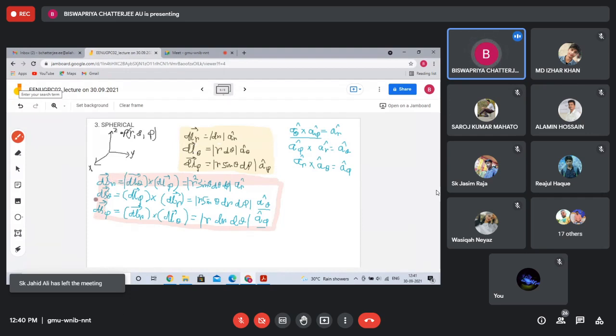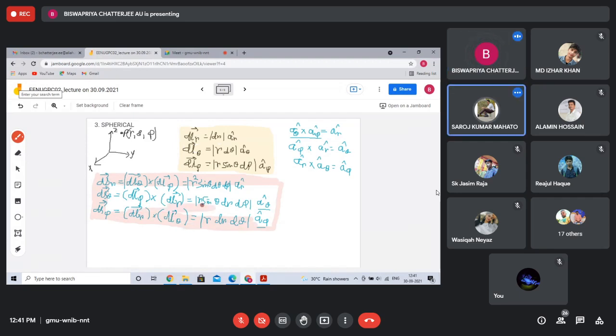Now if you can quickly figure out what will be the dv, I will be very happy for you. R square sin theta dr d theta d phi. Yes, simple. Let me write it down.